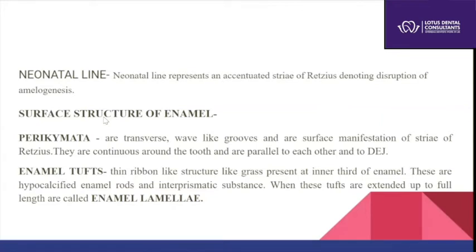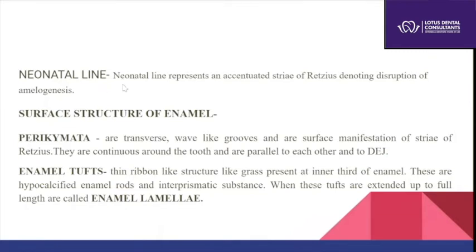These are the neonatal lines. The neonatal lines are the accentuated striae of ridges, denoting a disruption in the amelogenesis. The neonatal lines are in bone also, right? You see neonatal lines on the teeth. I studied this in ortho, there are some lines that tell the age or something.